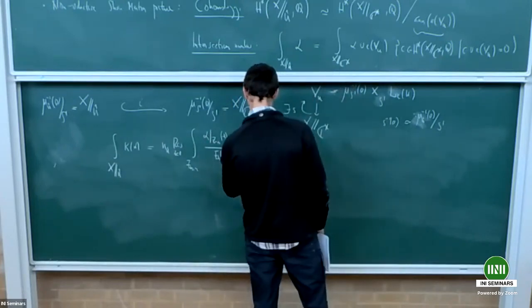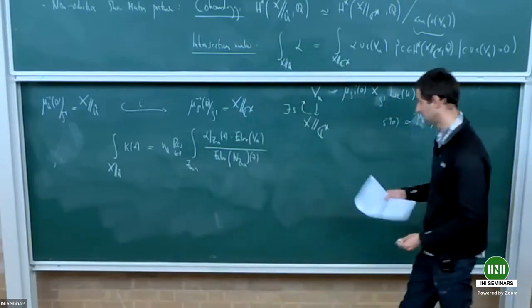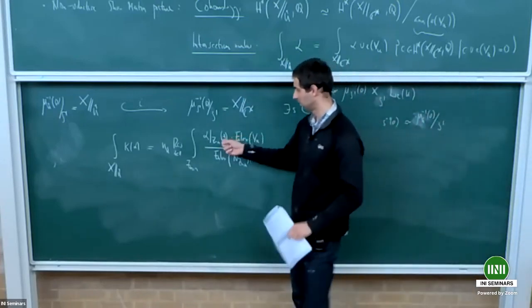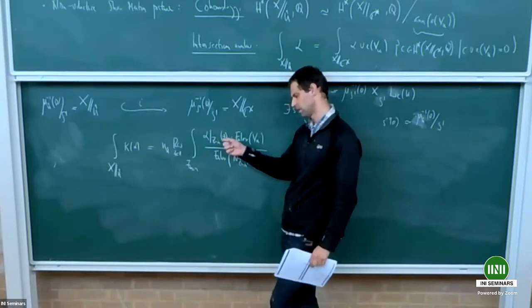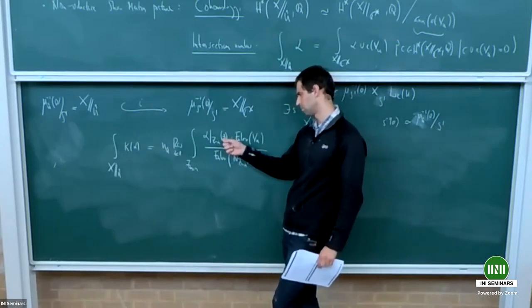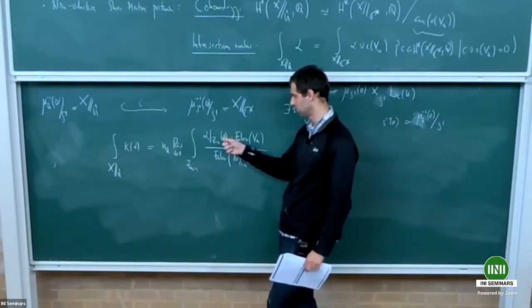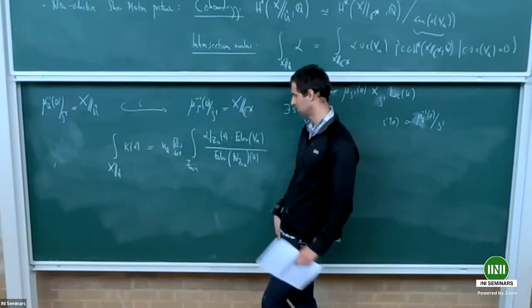That's also an equivariant form, so it has one parameter z, the generator of the equivariant cohomology ring of C star. It is only one parameter because we have only one C star here.